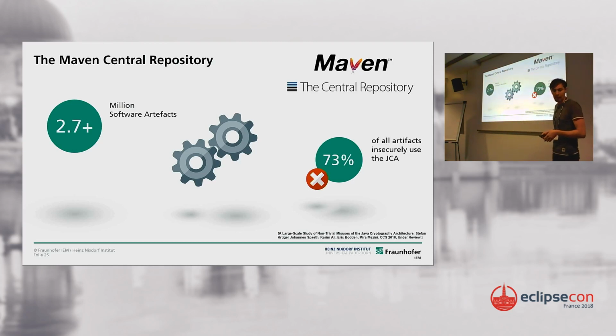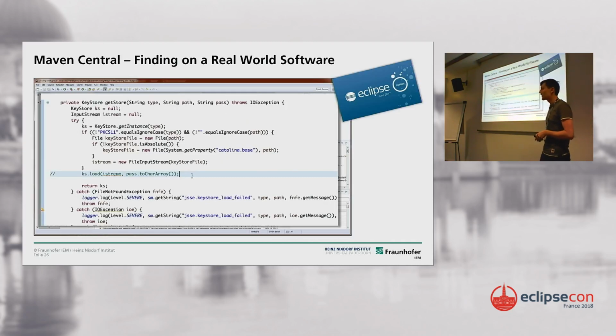There's one finding that I want to highlight to you in particular, which also motivated the title of this talk. This is a real-world application which we scanned, and we just copied it into Eclipse and ran the analysis again to demonstrate the point. The problem in the software was a call to keystore.load, and this function requires a password as a character array as input.